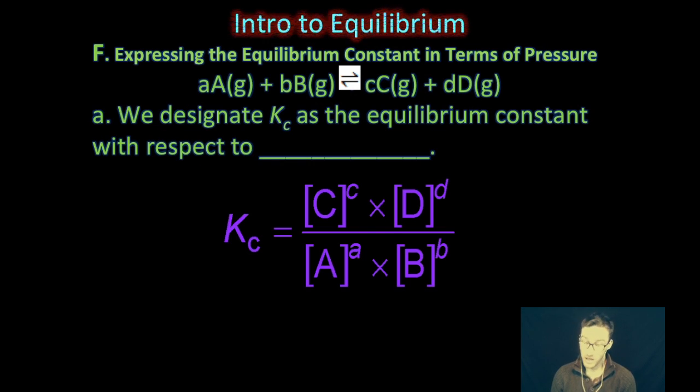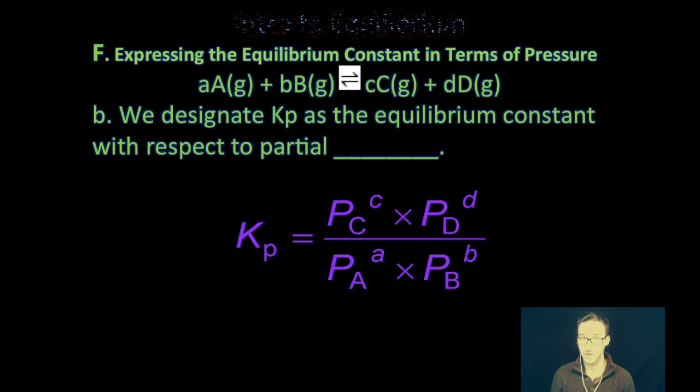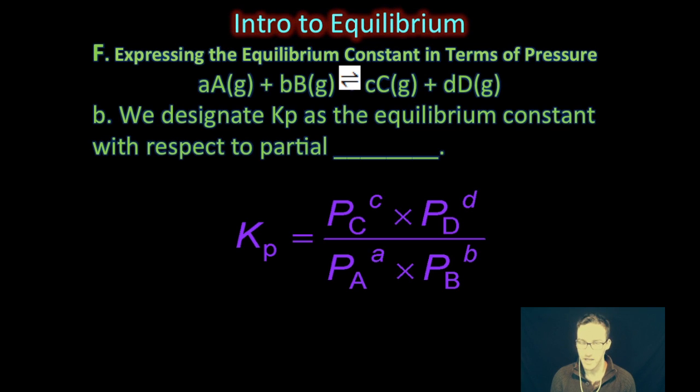Notice that we can use Kc as the equilibrium constant with respect to concentrations. Notice the brackets there for concentrations. However, if we're going to talk about the pressures of some gaseous reactants or products, you will see it expressed the exact same way. It's still products over reactants, except now we're talking about their respective partial pressures.